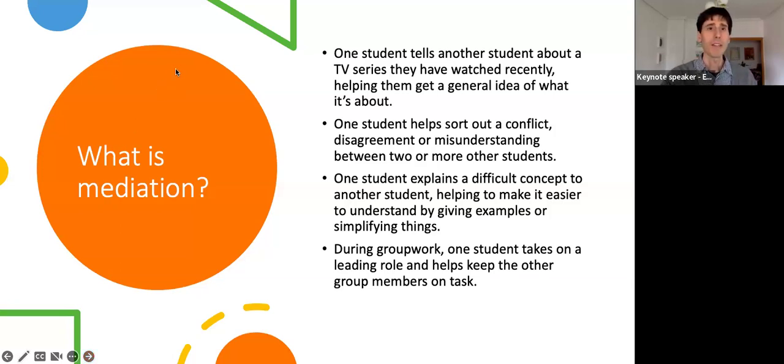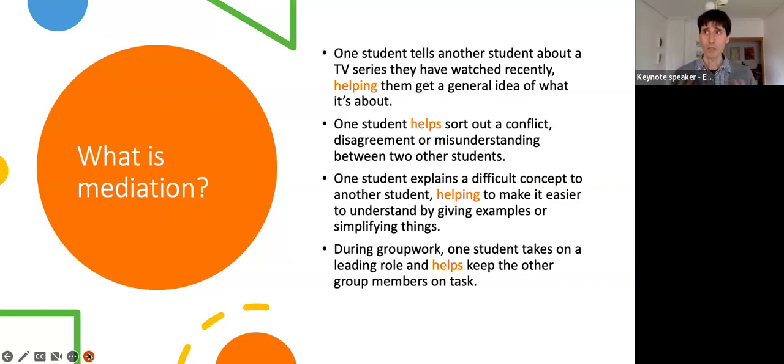Okay, so these are definitely situations that I've seen personally in my classes, and I imagine many other teachers have too. You'll notice that they're quite different in many ways, but they have something in common, which is this idea of helping. So if you're looking for a quick, easy definition of mediation within teaching and learning a second language, we're talking about helping.